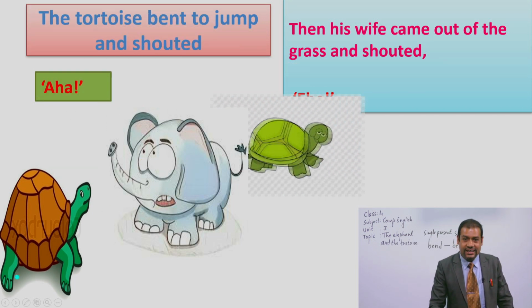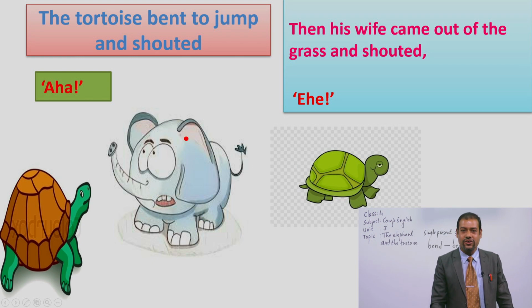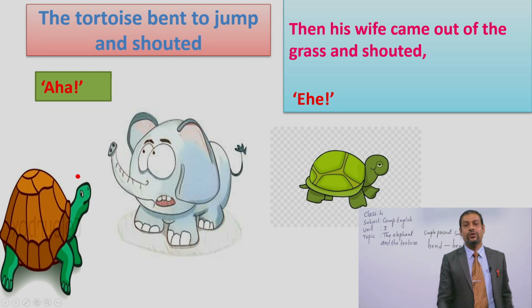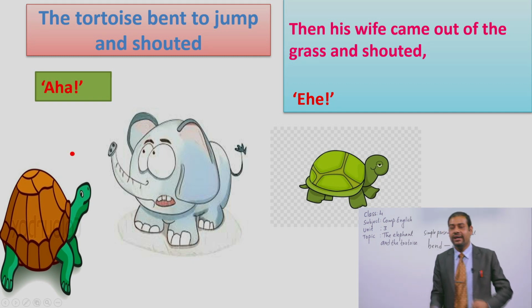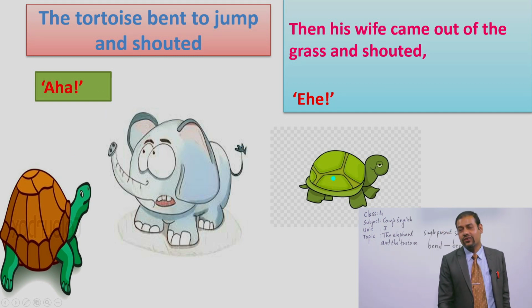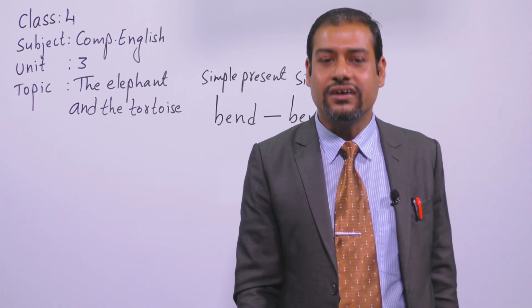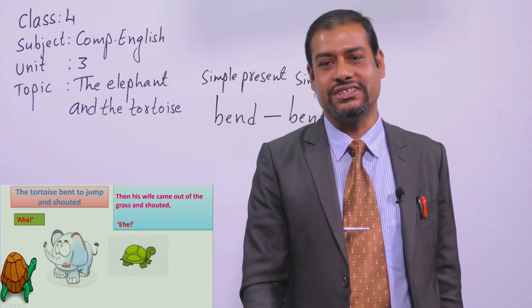It means, see, this elephant thought that this husband tortoise jumped over him and reached here, because the husband tortoise said, when I say aha, then I will jump, and when he reached the land after jumping over the elephant, then he would say ehe. So this technique, this idea, the husband tortoise used here.